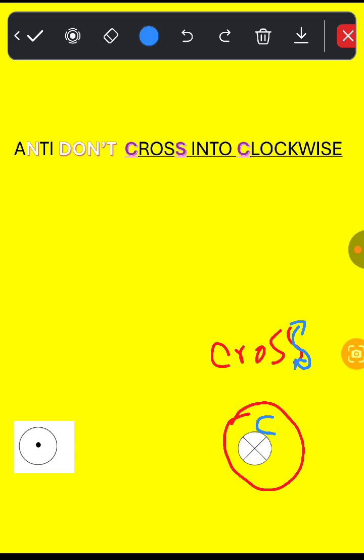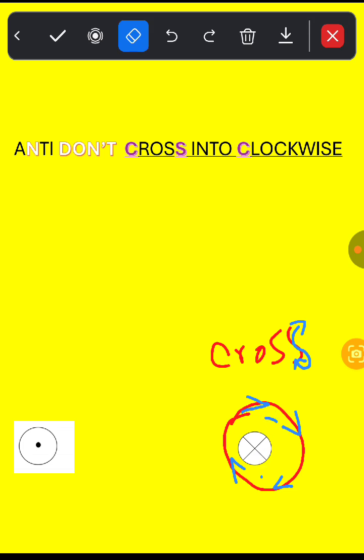So this is the S with its direction. So then now I follow the arrow the way it is, which means it's still going this way, right?